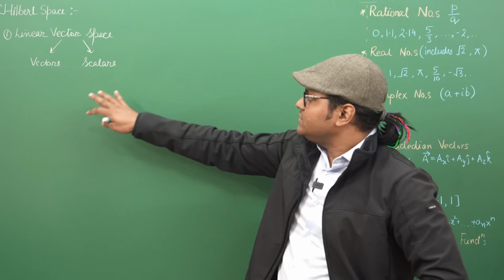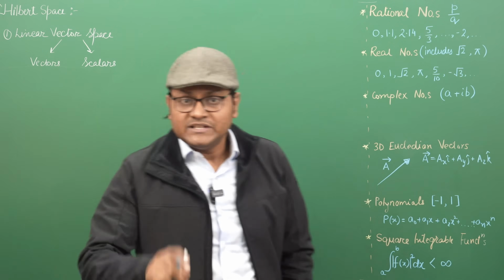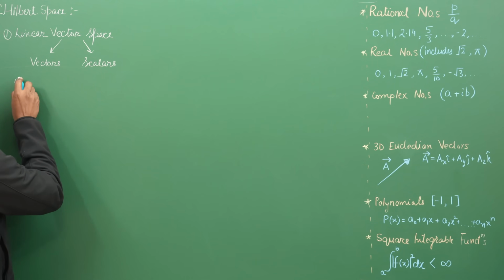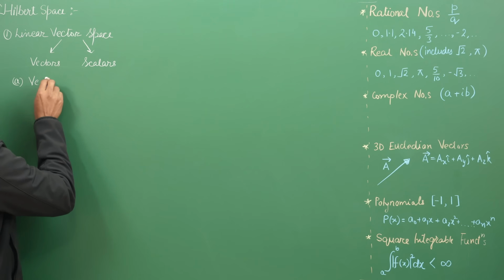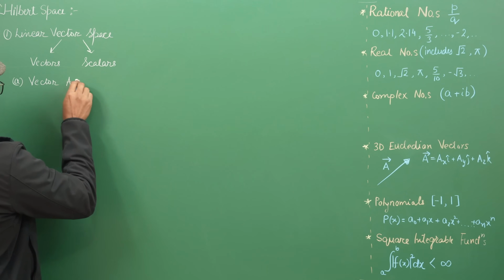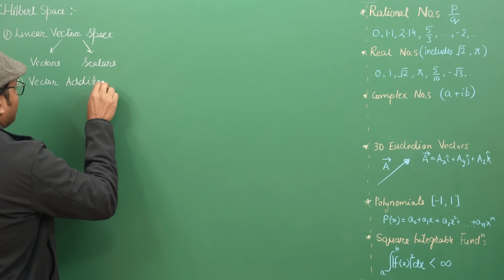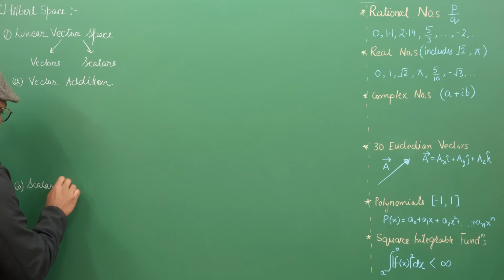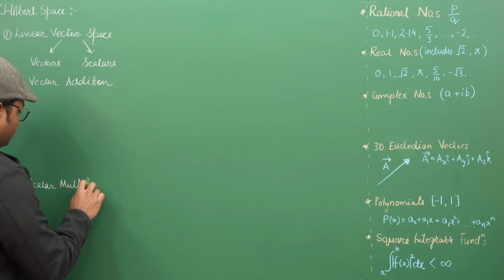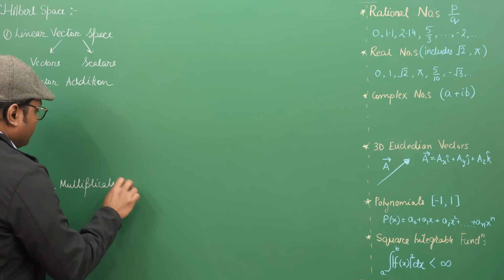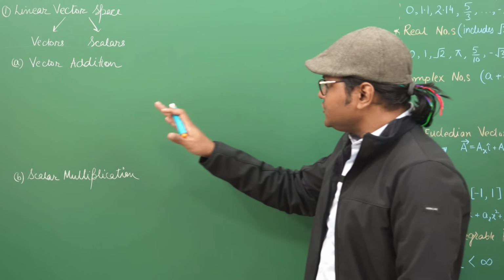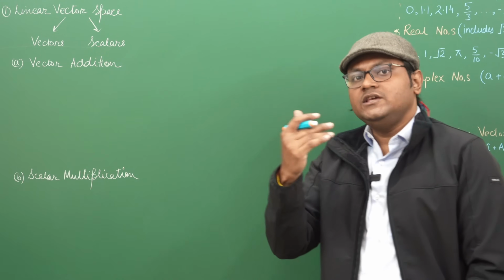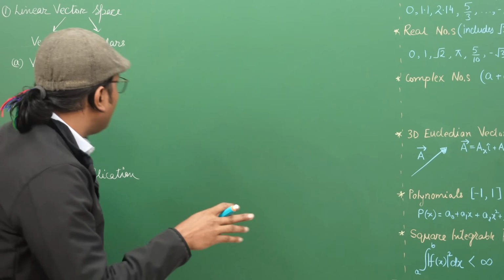So vectors and scalars comprise the linear vector space if we also associate two mathematical operations with this space. First is vector addition and second is scalar multiplication. Now depending upon the mathematical space, the vectors could be elements which have their own peculiar properties, but scalars are usually taken to be real numbers or complex numbers.